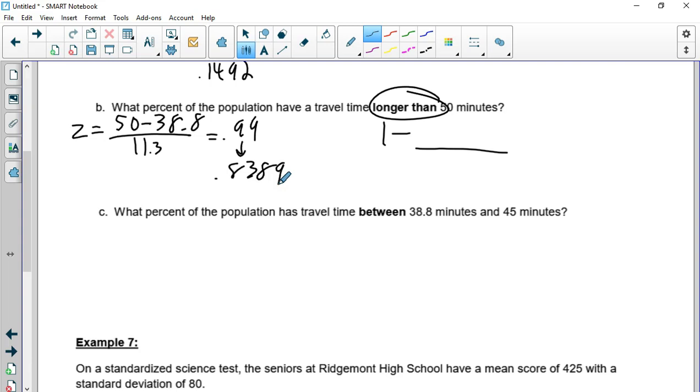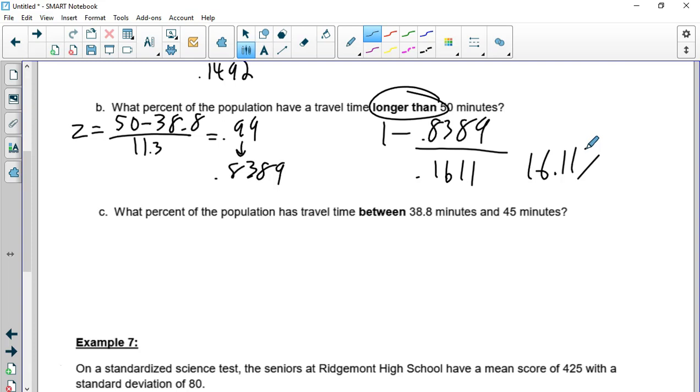But we want the right side longer than, so we're going to do 1 minus 0.8389. And that works out to be 0.1611. So 16.11% of the population have a time greater than 50 minutes.